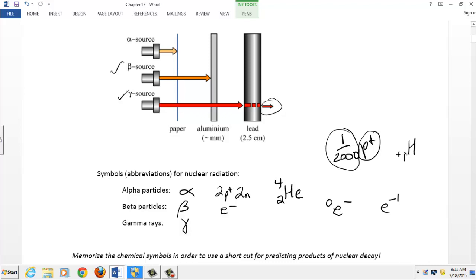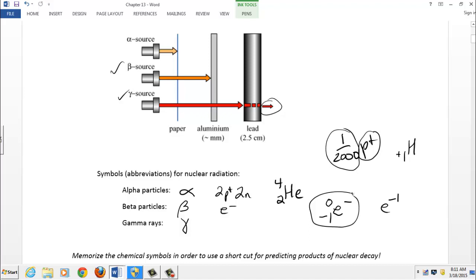Down here, the atomic number counts the number of protons in positive numbers. Well, what's the opposite of a proton? A negative charge. A -1 for an electron. Okay, that's weird. But that's what we're going to go with. Scientists have decided that the atomic number of an electron is going to be -1. And there we go. There's the chemical symbol for a beta particle.